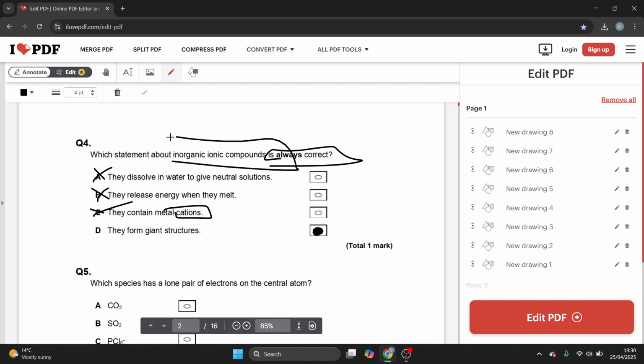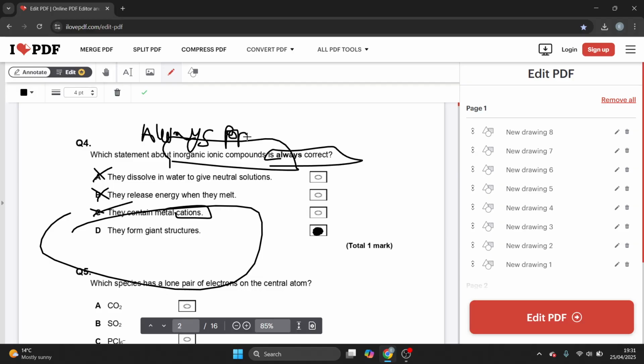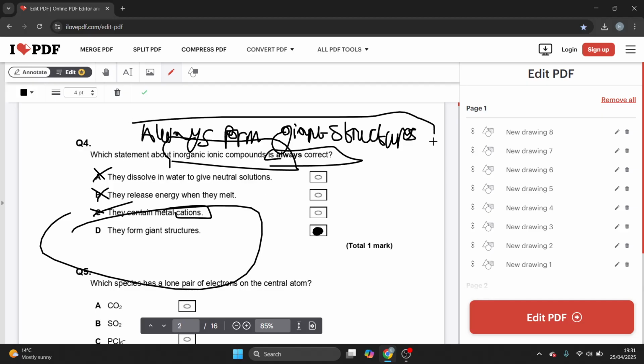Inorganic ionic compounds always form giant structures. And that's a fact. I would memorize this multiple choice question. They always form giant structures.